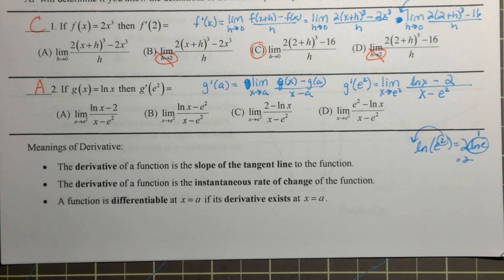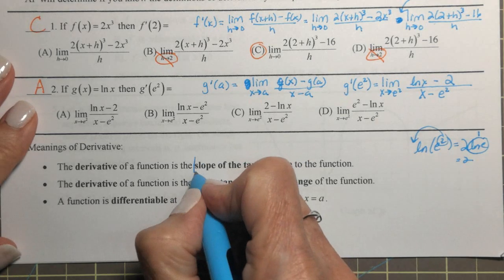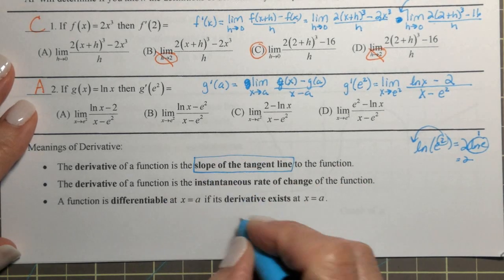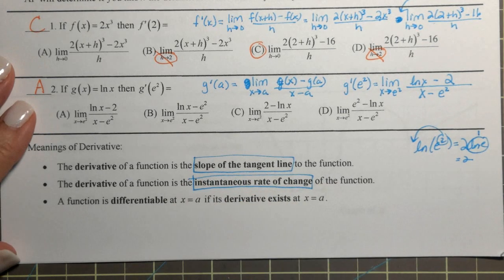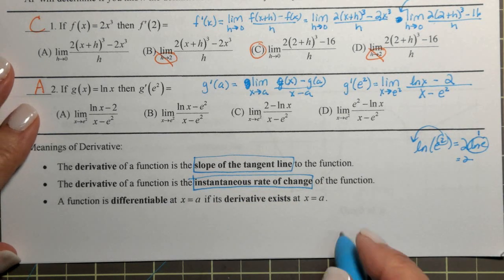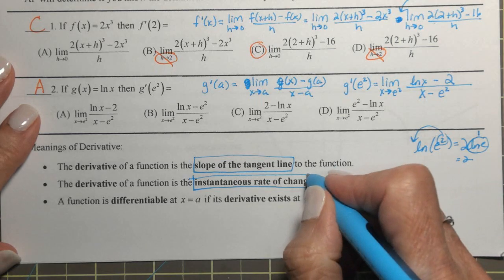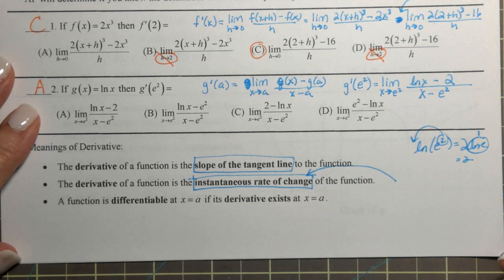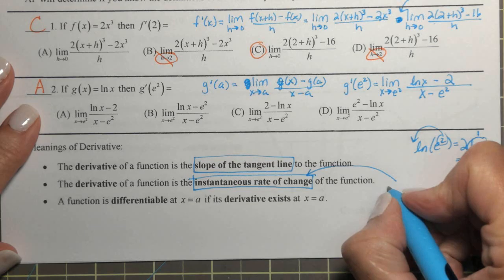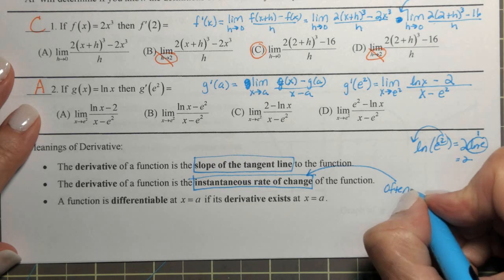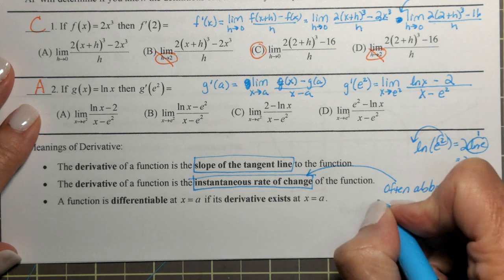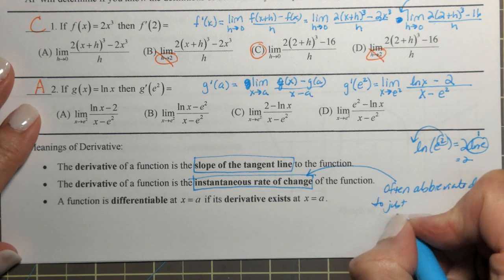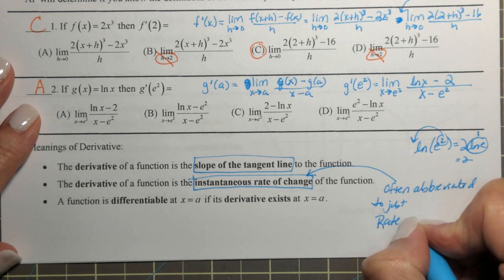Alrighty. Meanings of derivative. Slope of the tangent line and instantaneous rate of change. Those are the meanings of derivative. By the way, instantaneous rate of change is often abbreviated to just rate of change.